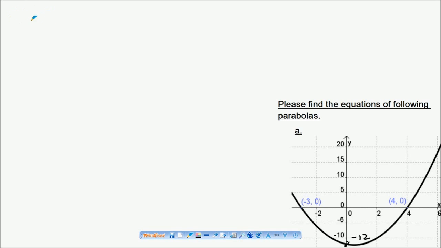In order to determine the exact equation of a parabola, you have to know a minimum of 3 individual points, or you have to know the turning point and one other point.